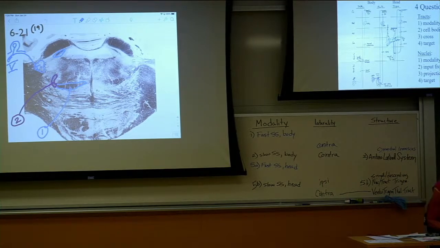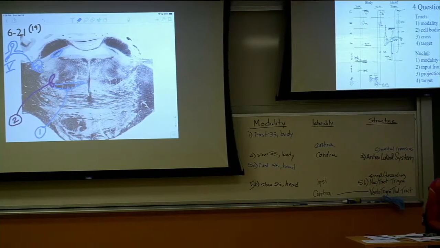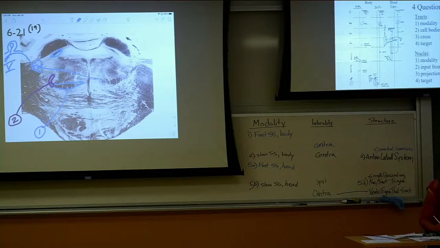And then that higher order neuron is going to send its axon across and ascend, and that's also going to go to the ventroposteromedial nucleus of the thalamus, and that's running in VTT. Now, an important thing: that slow somatosensory information from the head also has to get through this section.